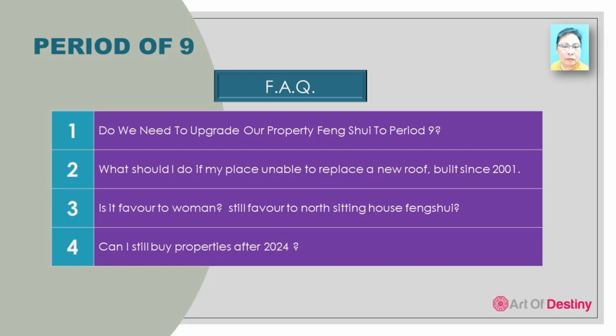Okay. Question number 3: is period 9 favorable to women, or still favorable to north sitting house Feng Shui? As I said, because I don't associate period 9 with Li Gua, therefore I don't say it's going to favor women. I think men and women have equal opportunities.